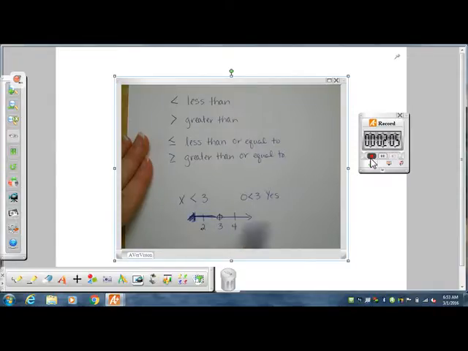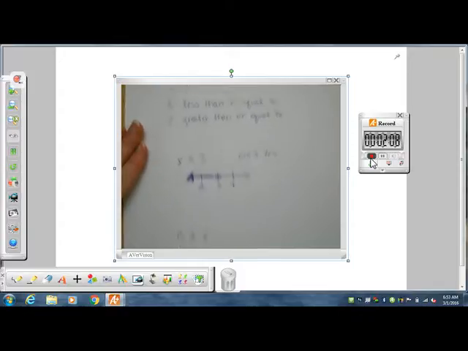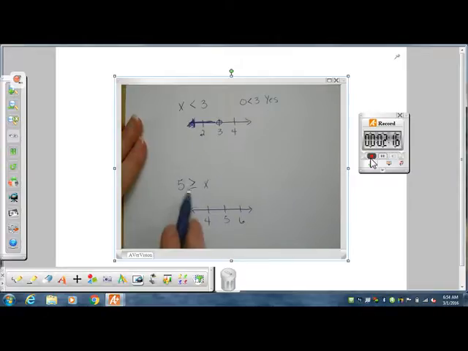The next one, we have 5 is greater than or equal to x. So it's greater than or equal to, which means it includes it. I'm going to put a filled-in dot on 5, because we include that. Then we have to figure out which direction we're shading. If I plug in 6, is 5 greater than or equal to 6?